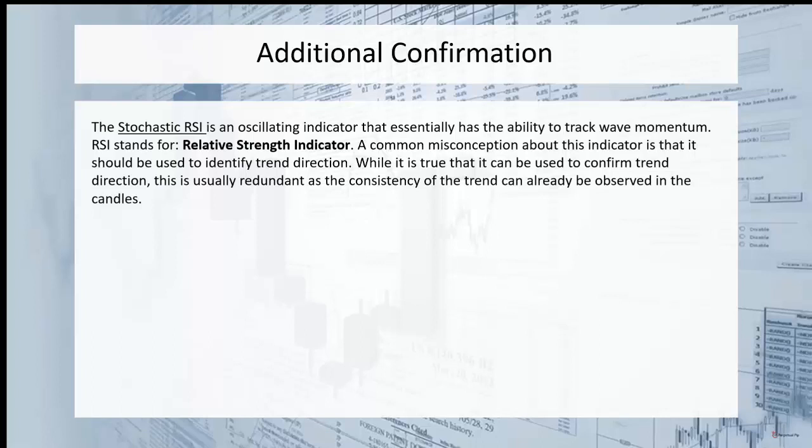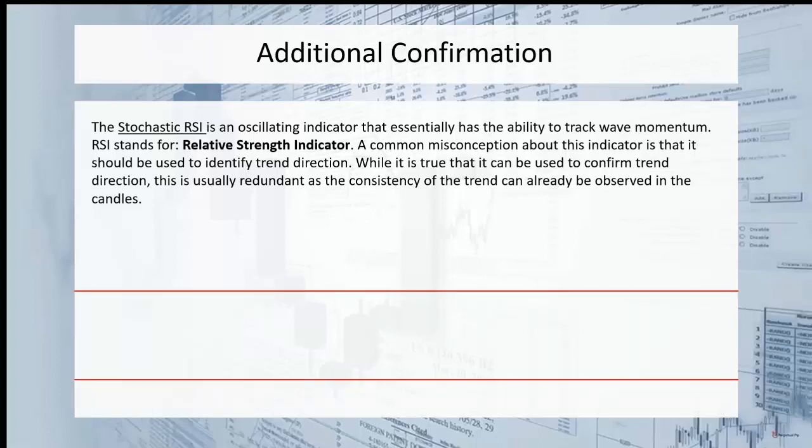And there are a few variations to this depending on your platform. We'll talk about that in a minute. But essentially, this is what the indicator looks like. You usually have an upper line and a lower line, generally in red, but again, it's going to depend. The area above the upper line is known as the overbought zone.